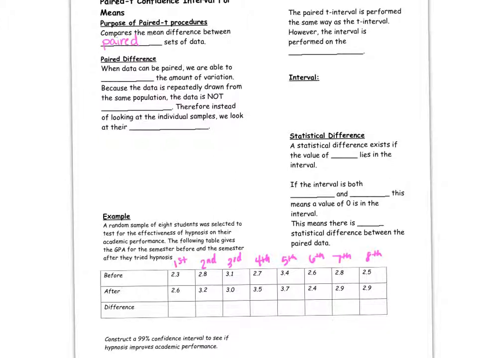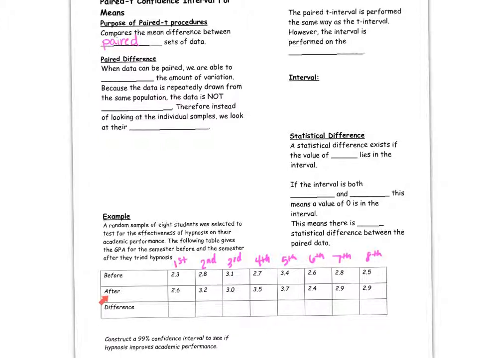So what you've done is you've taken a measurement before on the first person, and you're taking a measurement after the first person. So what that does is it produces two samples. You understand that? What's the first sample called? Well, the first sample is the before sample. The second sample is the after sample.